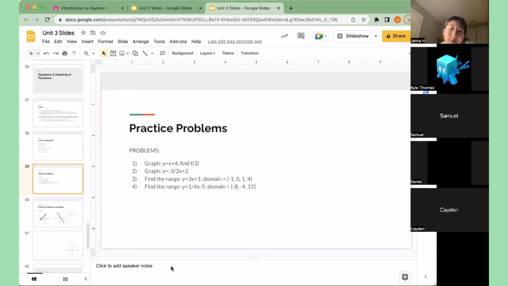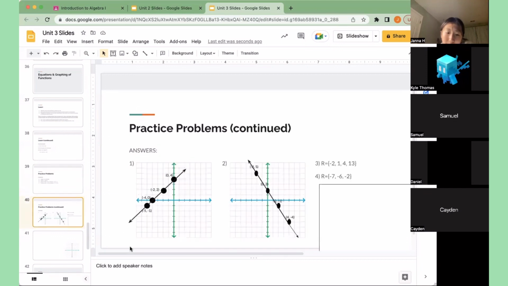Okay, so Kyle, you want to find the range for all of these values, not just one of them.